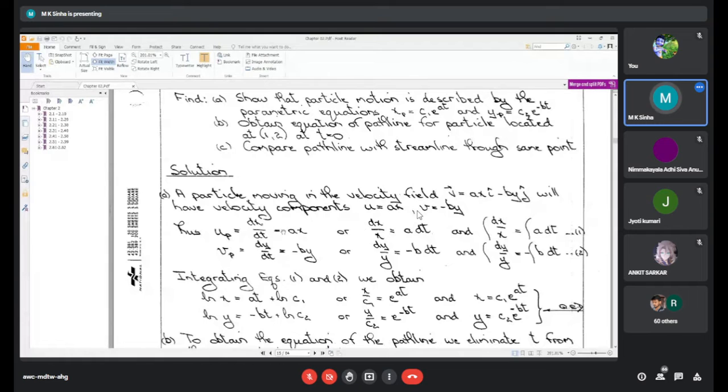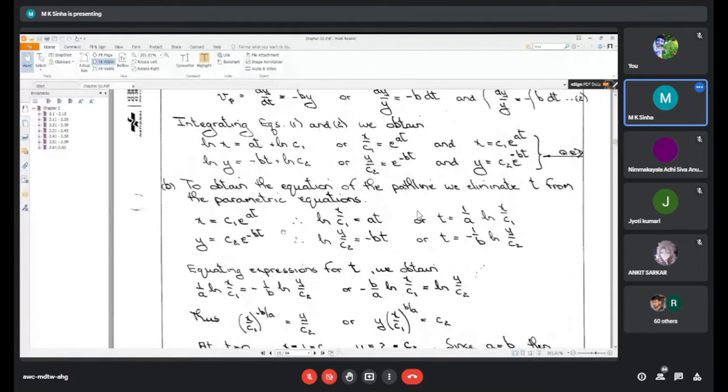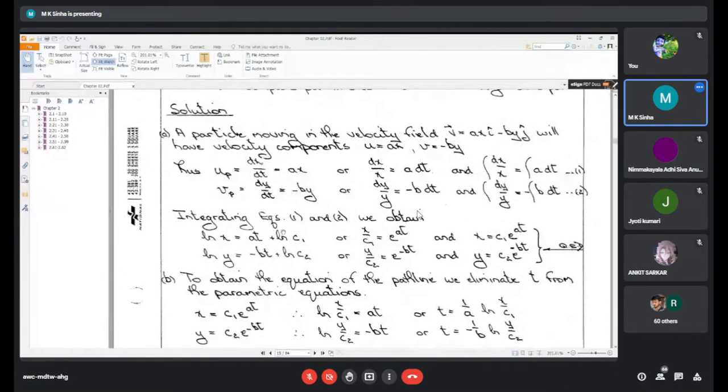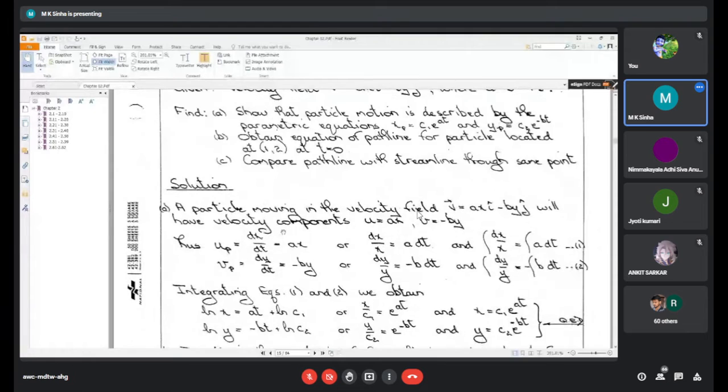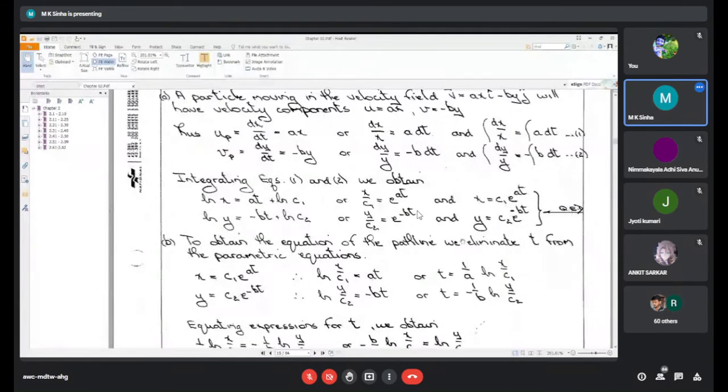Is it correct? So the particle motion is described by this, and then the equation for the path line.